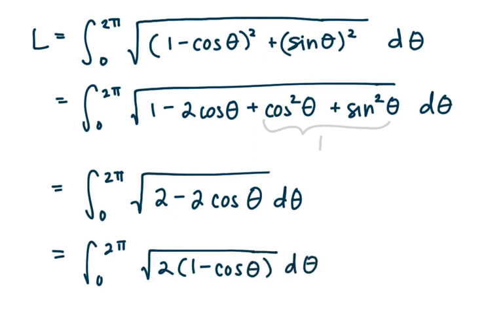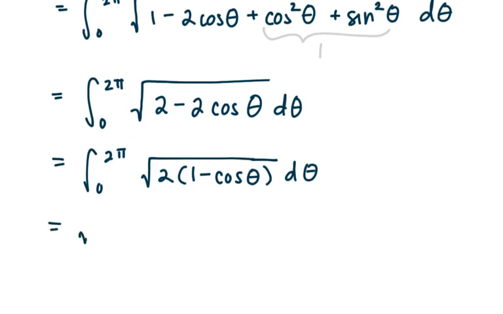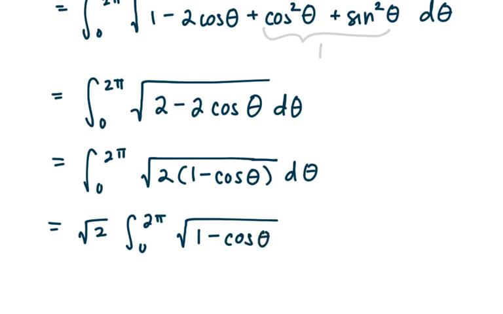And square root of 2 is just a constant multiple in this situation. So this is the square root of 2, the integral from 0 to 2 pi of the square root of 1 minus cosine theta d theta. So now we need to deal with this messy integrand.